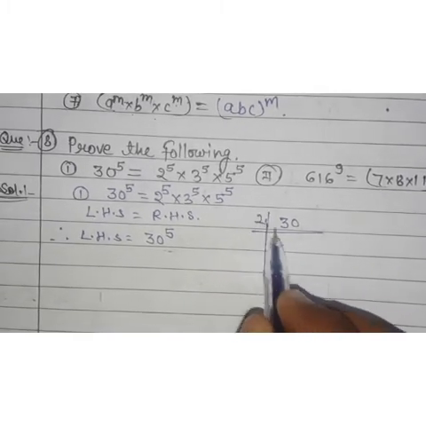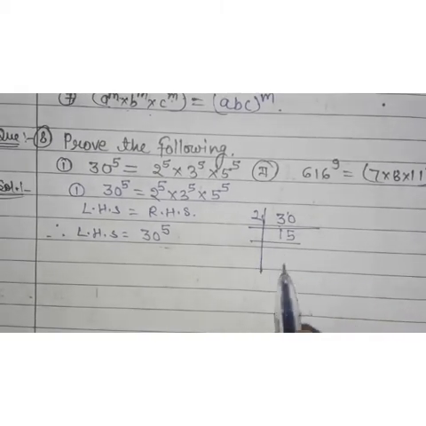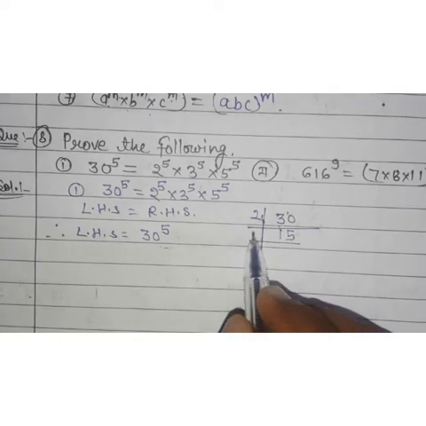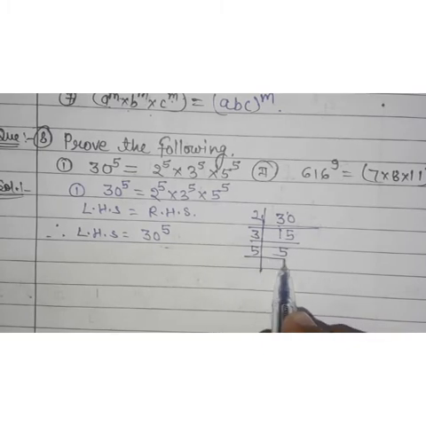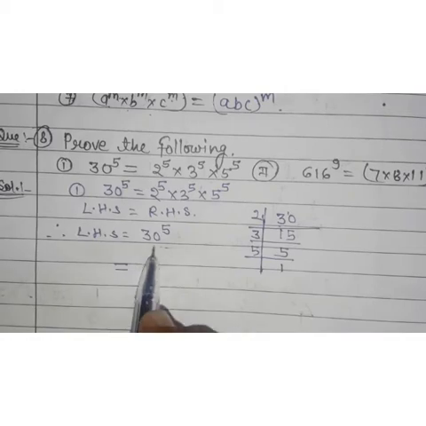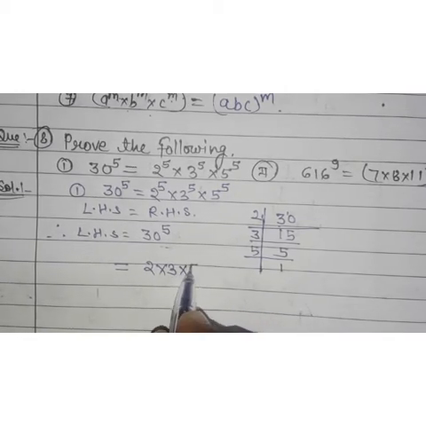Table of 2 is possible: 2 fifteens are 30, 2 ones are 2, 2 fives are 10. Then table of 2 again is not possible. Then next table of 3: 3 fives are 15. Then the table of 5: 5 ones are 5. It means 30 can be written as 2 into 3 into 5.